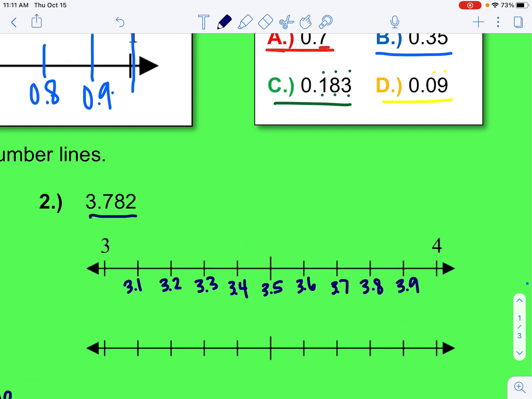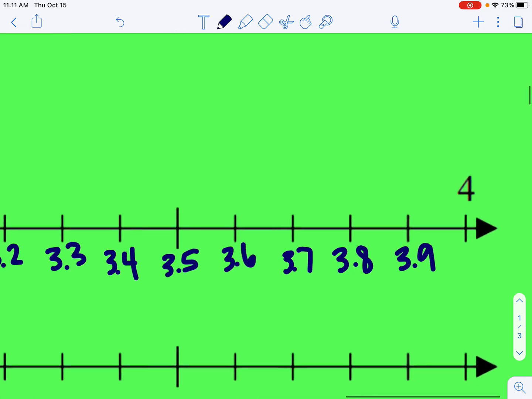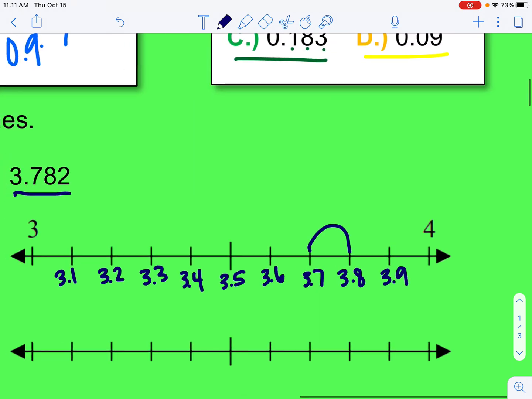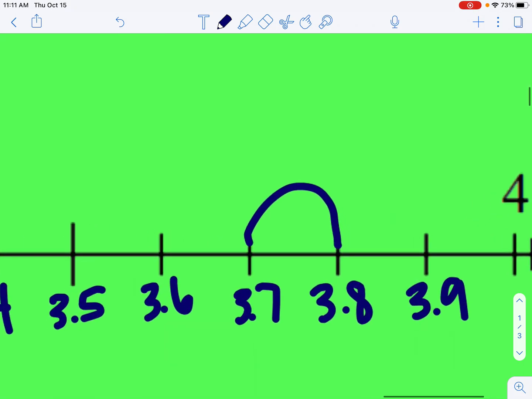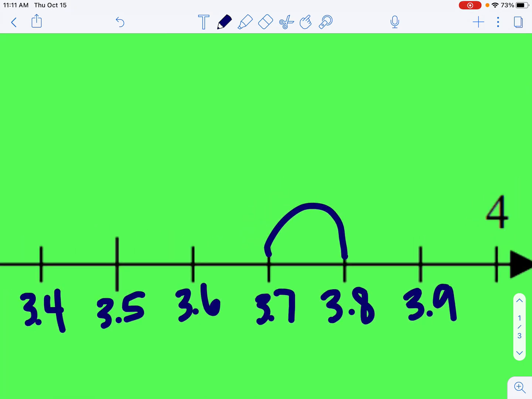Alright, so my first number is 3 and 7 tenths. So that tells me I'm going to be somewhere between 7 tenths and 8 tenths. And then we look at our next number. That 8 in the hundredths place is telling me I'm going to be closer to the 3 and 8 tenths than I am to the 3 and 7 tenths, because that 8 is telling us I'm way closer on the number line than I would be if it was a 2.